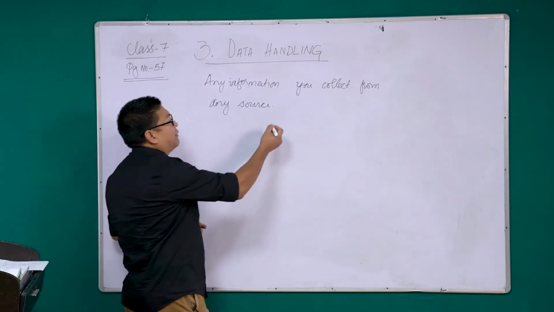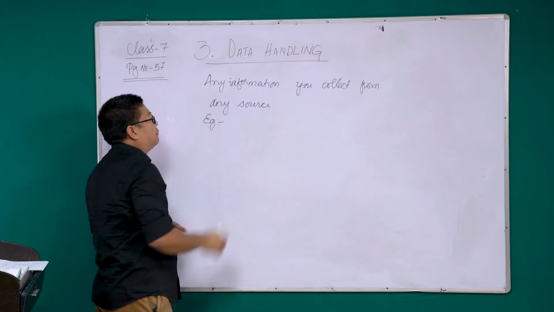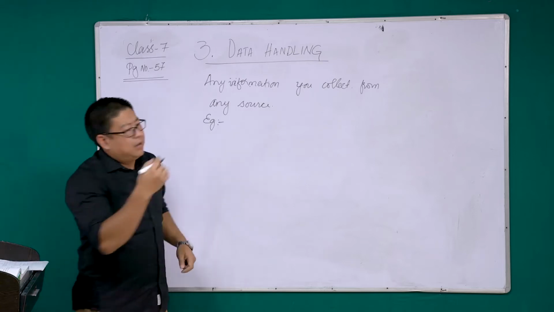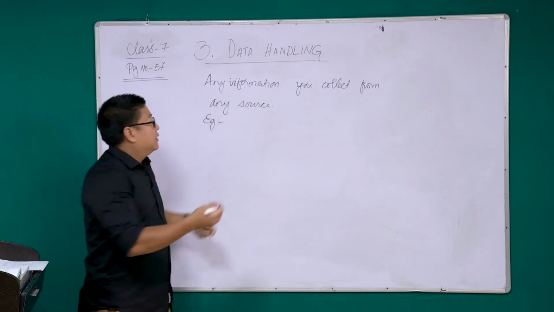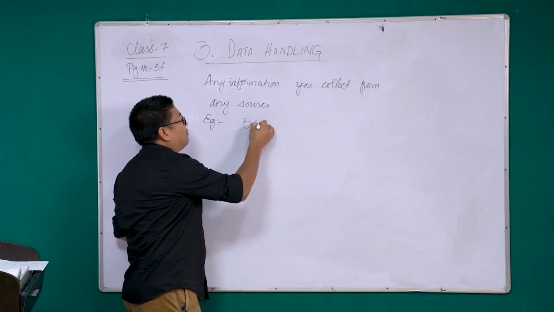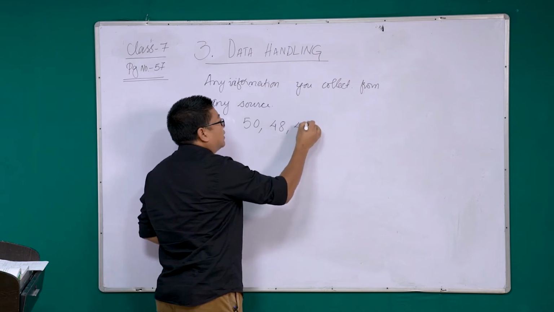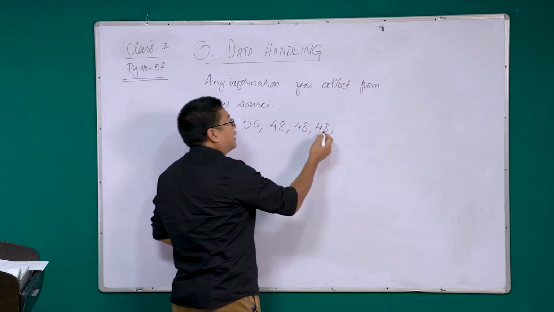Now, this table can be shown through an example. We will take some marks. For example, some marks of students are given in this manner. Let's say this is 50, 48, 48, 48.